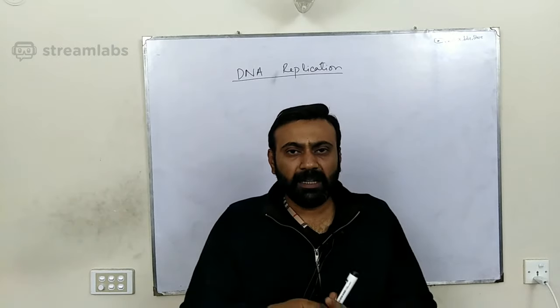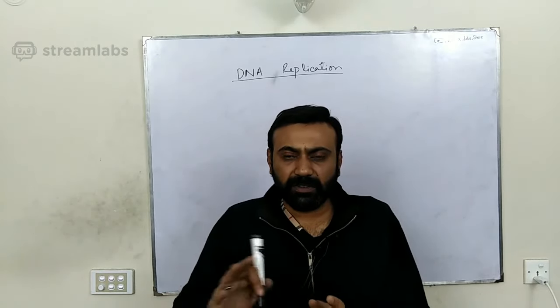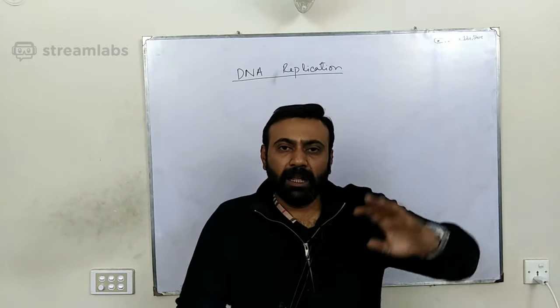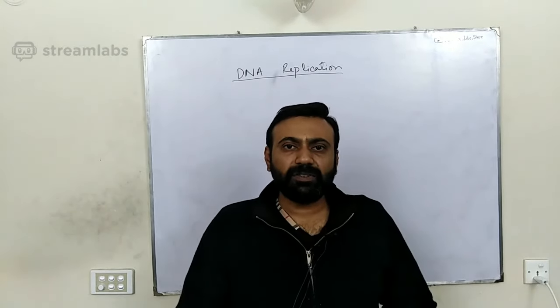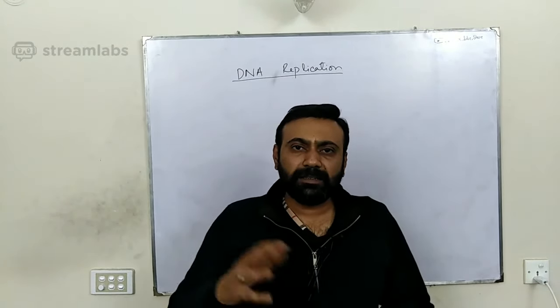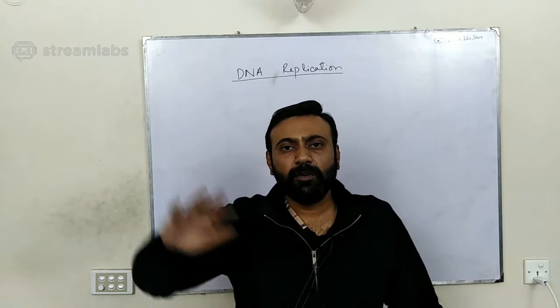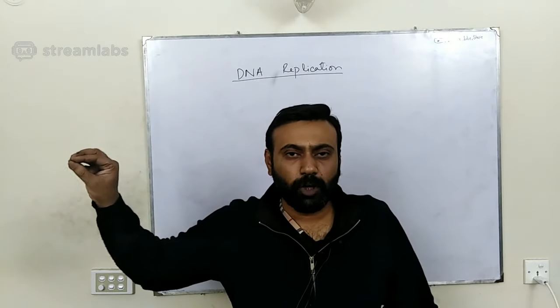The first cell had a specific type of DNA, specific sequences of bases in the DNA. And after adulthood, all the billions of cells in your body contain the same DNA, the same sequence which the original cell, the zygote, had when it was first formed.